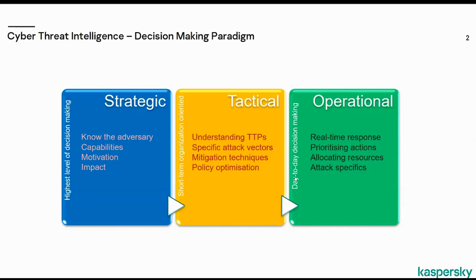Now, usually some of the CTI will overlap among the different decision-making streams, but nevertheless, for those organizations looking to achieve long-term, obviously strategic changes or objectives to their cybersecurity posture, the set of CTI would be a bit different than those looking to achieve goals at the tactical and operational level.